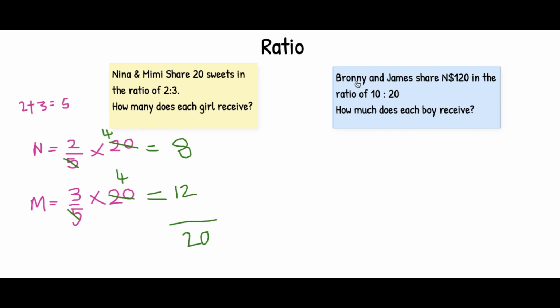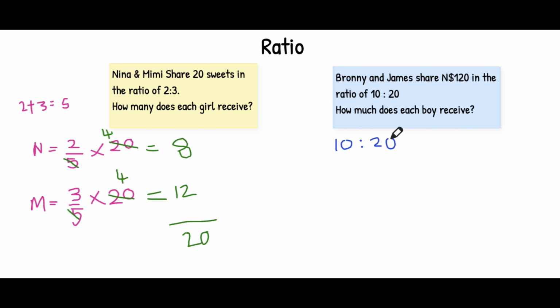So we're going to look at this example which says that Bronny and James share $120 Namibian in the ratio of 10:20. How much does each boy receive? One thing that we notice off the bat is that the ratio is quite big. So one of the key things is that we want to work with our ratios in a way that is simple. So the first thing that you have to do is simplify your ratios. We are already given a ratio of 10:20.